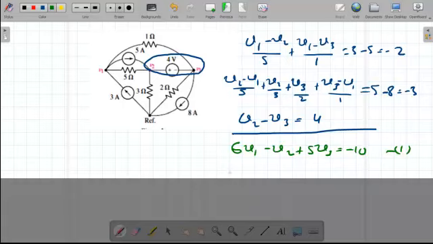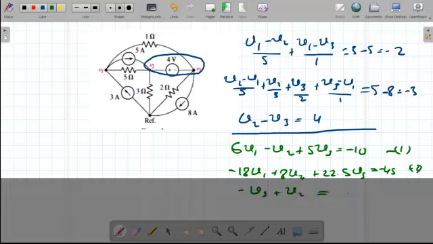My second equation becomes minus 18 V1 plus 8V2 plus 22.5 V3 equal minus 45. This is my second equation. My third equation is clear: V2 minus V3 equal 4, or you can use this one, same equation.